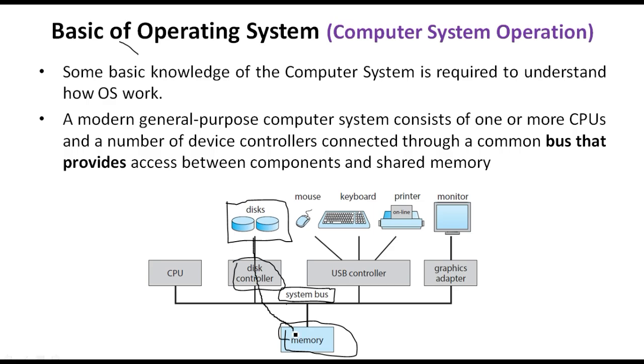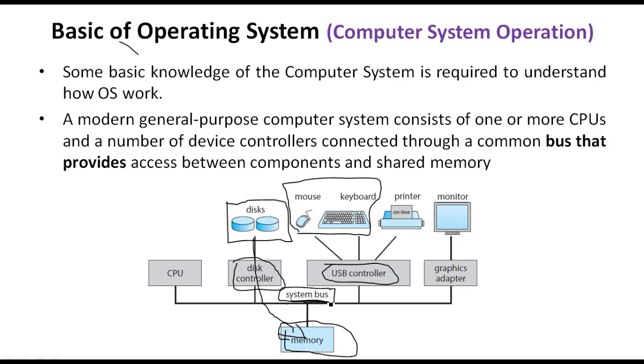With the help of the system bus we can load the operating system from disk to memory. Any input operation performed by the user is controlled by the USB controller, and that input data is transmitted to the memory with the help of the system bus, because all the devices are connected through a common bus, that is the system bus.